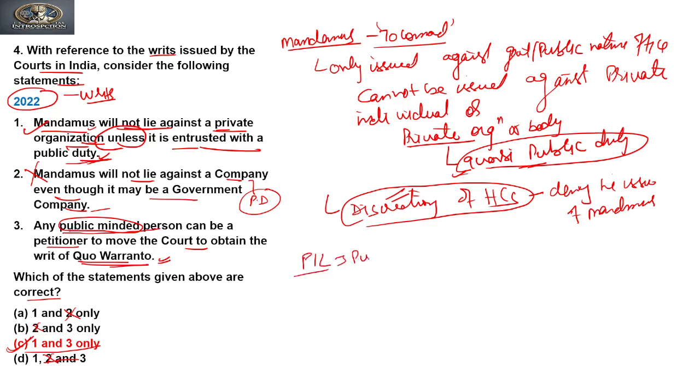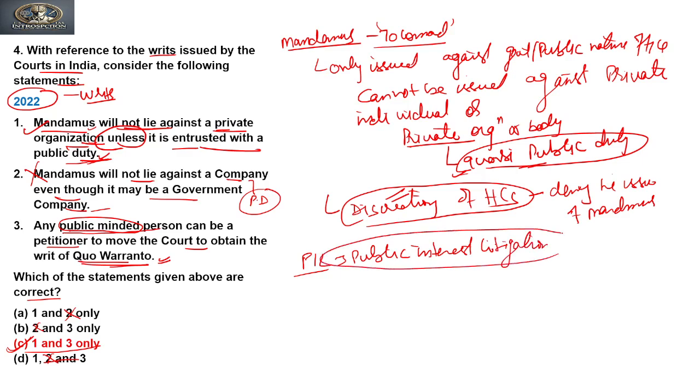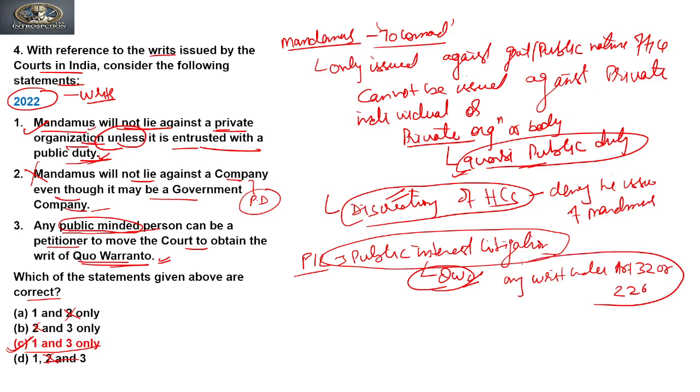So through public interest litigation, the court can issue a writ of quo warranto. Not only quo warranto, but any writ under Article 32 or 226 can be issued on the basis of public interest litigation.